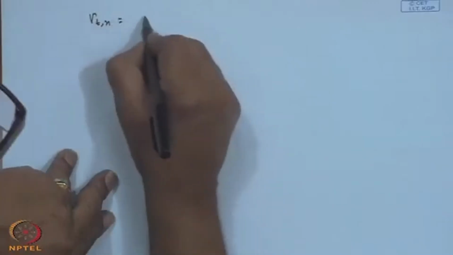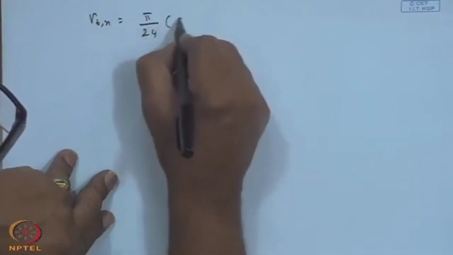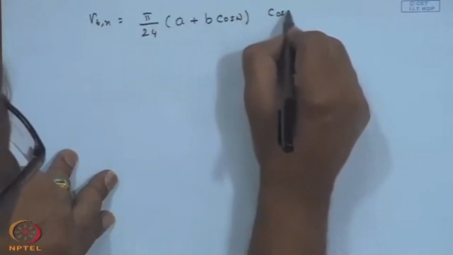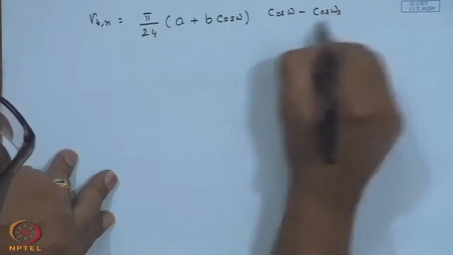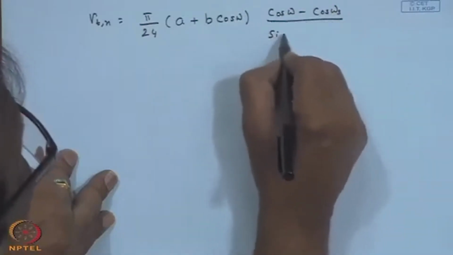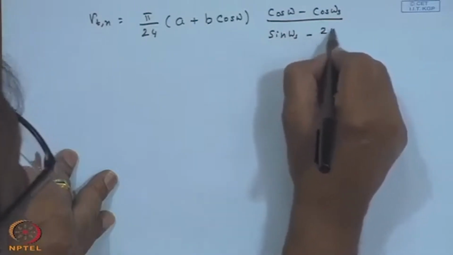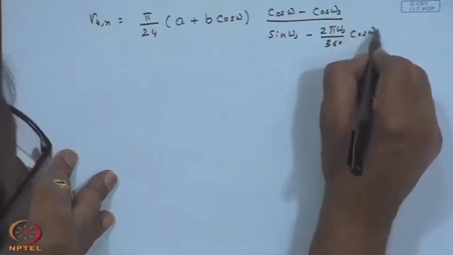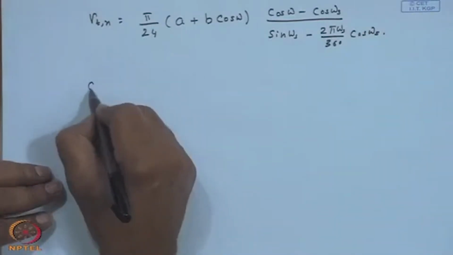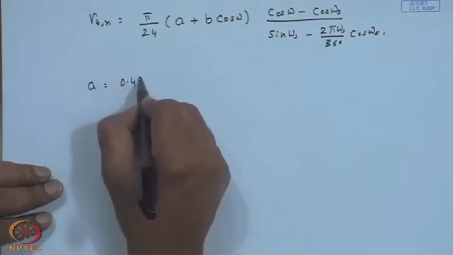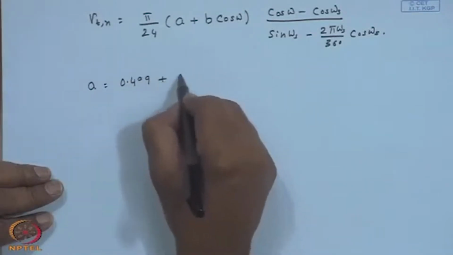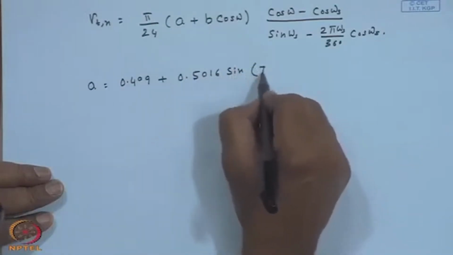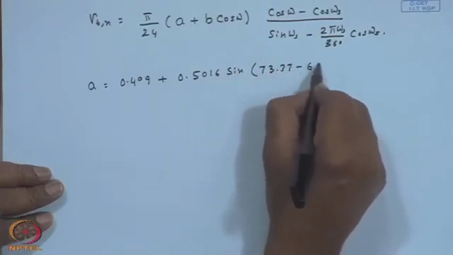RTN equal to pi by 24 into A plus B cos omega times cos omega minus cos omega s upon sin omega s minus 2 pi omega s by 360 times cos omega s, where A is equal to 0.409 plus 0.5016 sin 73.37 minus 60.